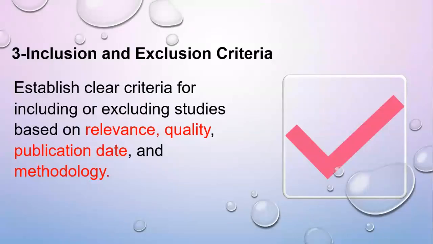There will be many studies, and this is also related to your search strategy. You have to specify the keywords and the phrases that you use for searching, and you have to set up this criteria for what to include and what to exclude from the study based on the relevance, the quality, and the publication date.